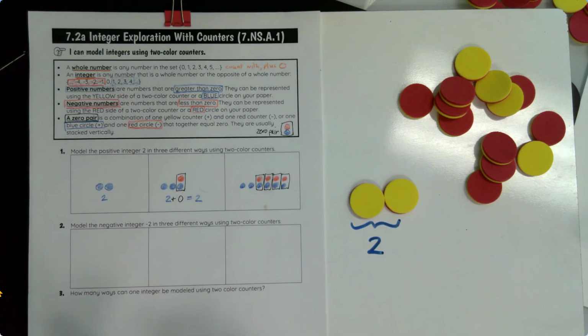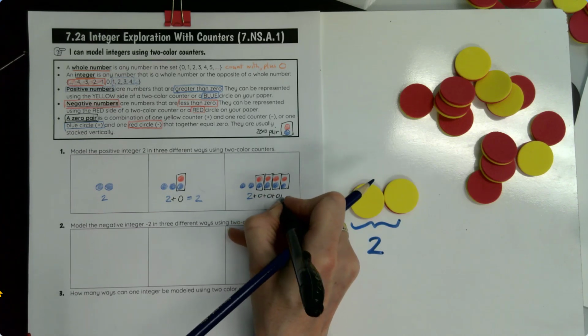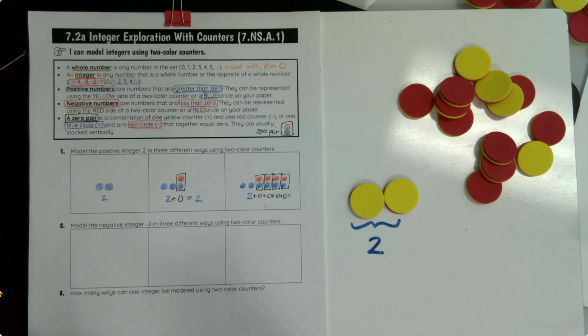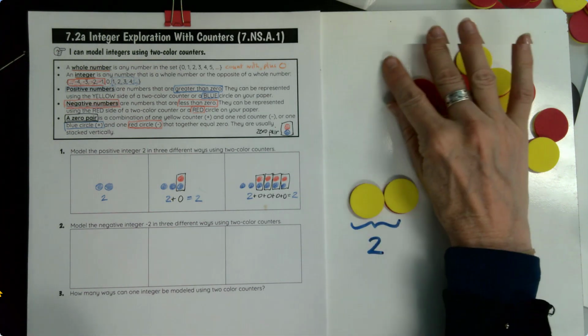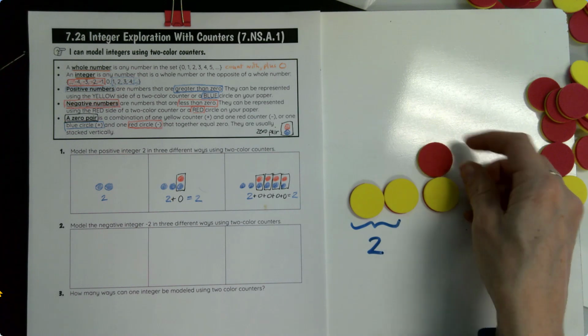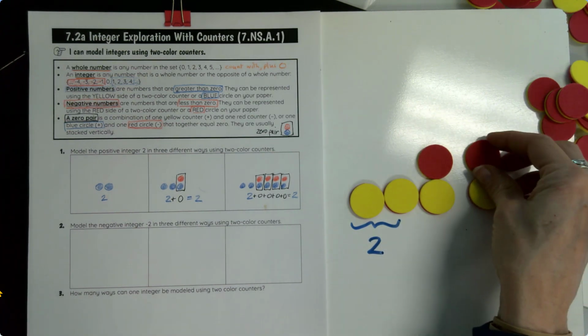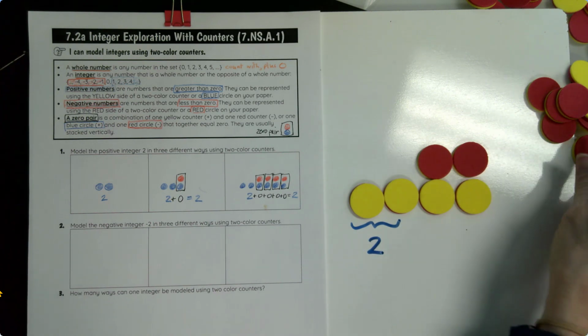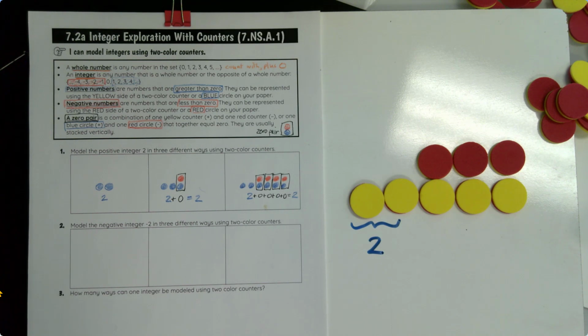So this is equivalent to a 2 plus 4 zeros, which is still 2. We can see that on our boards. If we want to build it by hand, we can take a zero pair, which is any 2 that would stack. So here is a 2, and this is also a 2, and this is also a 2. I can build my 2 as many ways as I want.